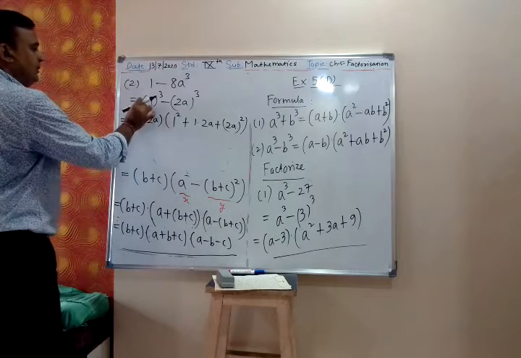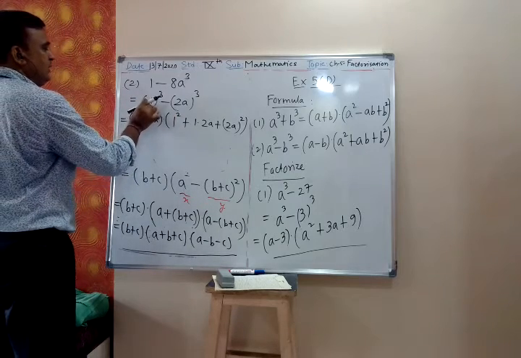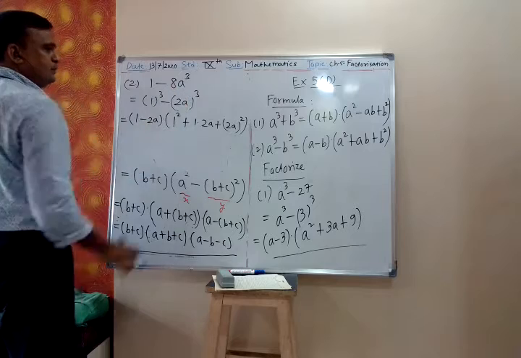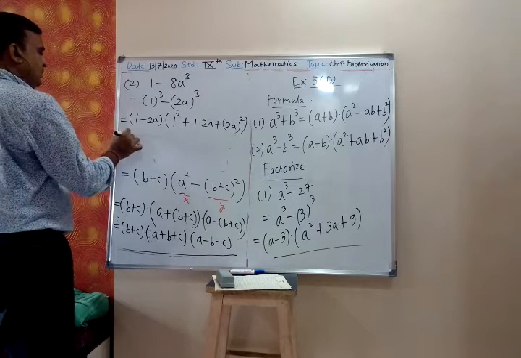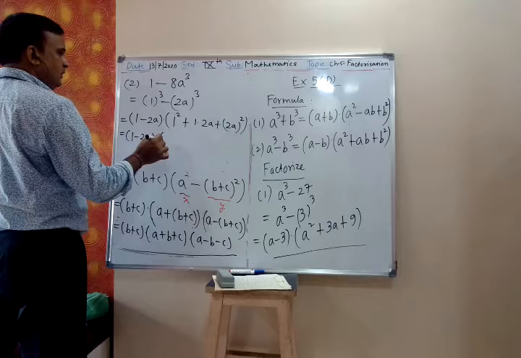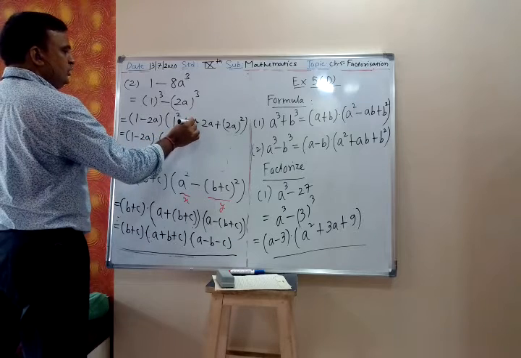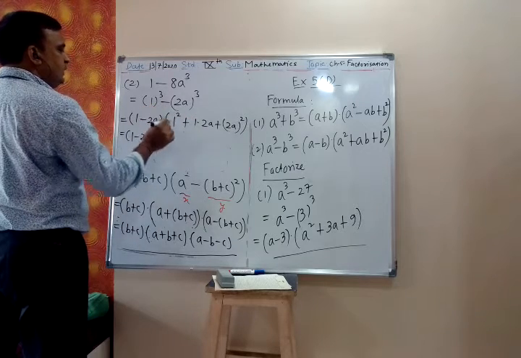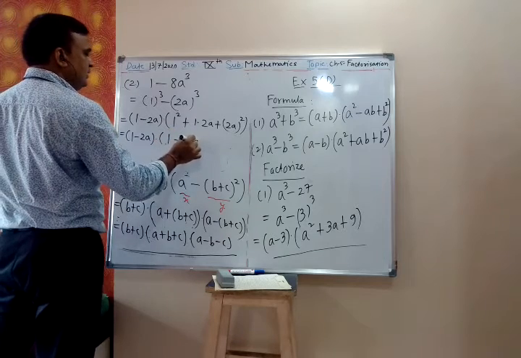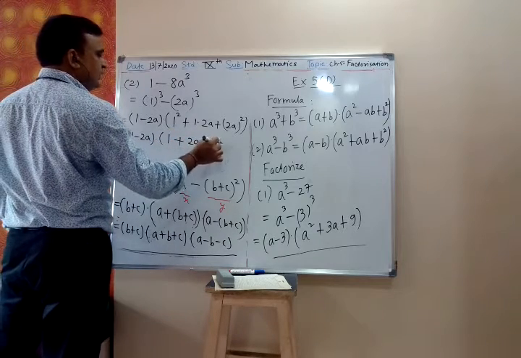We use the formula a minus b into a square plus ab plus b square. 1 square is 1, 1 into 2a is 2a, 2a square is 4a square.